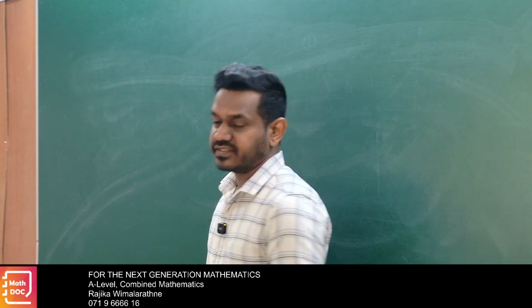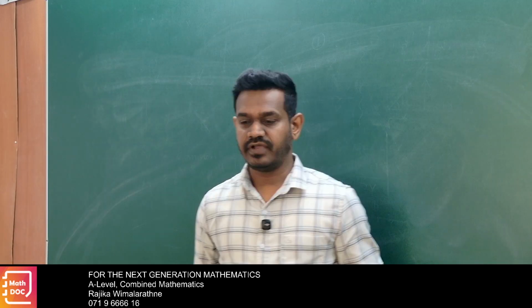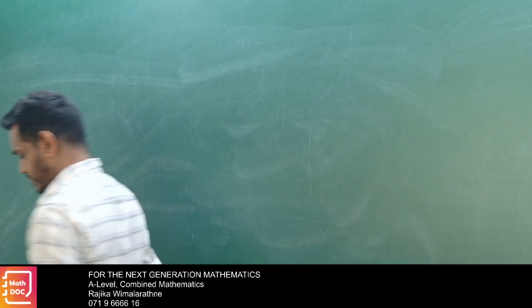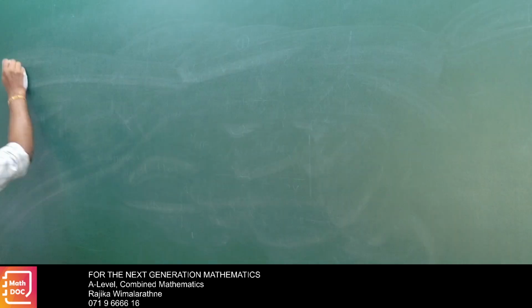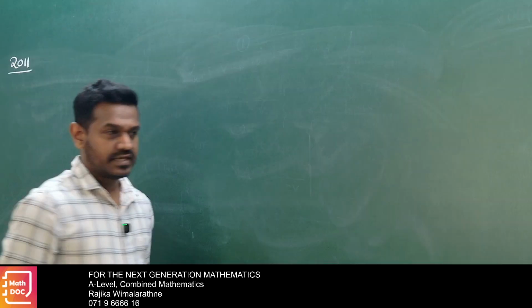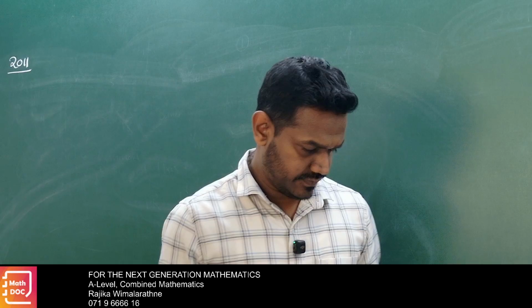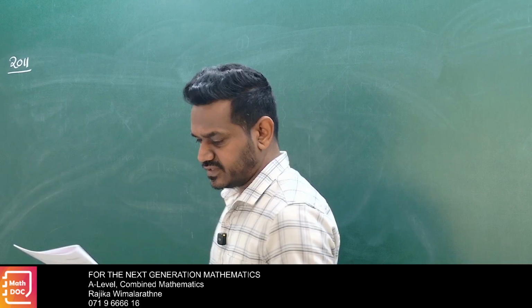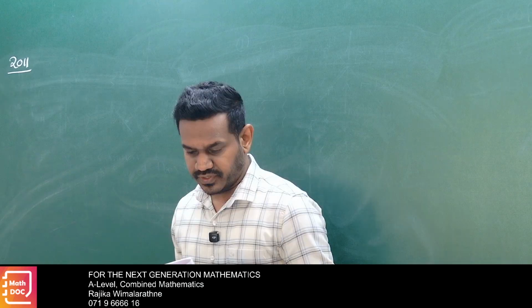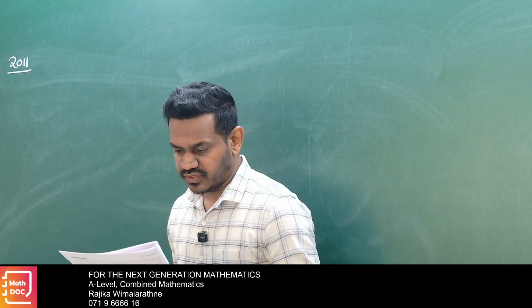Okay, 2011. If you are in doubt, do it with me. You practice the same questions again and again and get an idea. A B C are three lamp posts, with topmost points A, B, C lying on a horizontal plane forming an equilateral triangle.